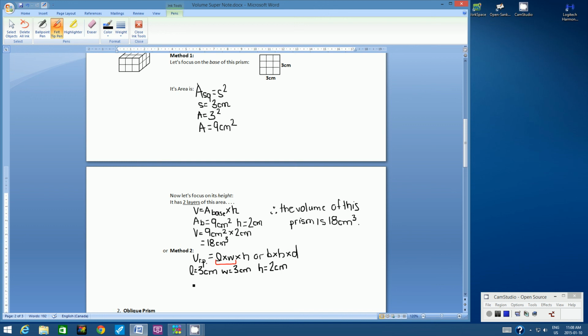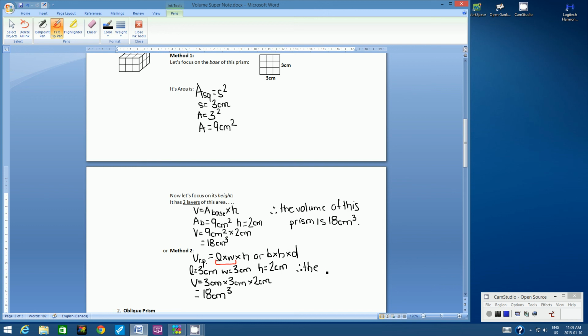All right, our substitution line. Volume equals 3 centimeters times 3 centimeters times 2 centimeters. Then we calculate this together. 3 times 3 is 9. 9 times 2 is 18. Remember, when we're talking about volume, you have to put units cubed. Because we calculated the volume, let's put our final statement.